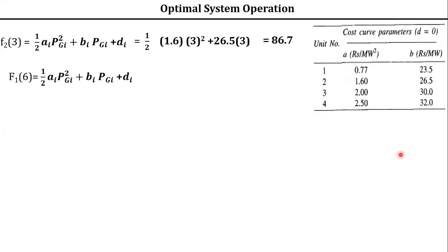I have not mentioned 1/2 for PGI square there. Yes, sir. But while explaining unit commitment, I have taken half with different coefficients, AI, BI, DI. Understood? In PGI square, I have written 1/2. So both are the same.